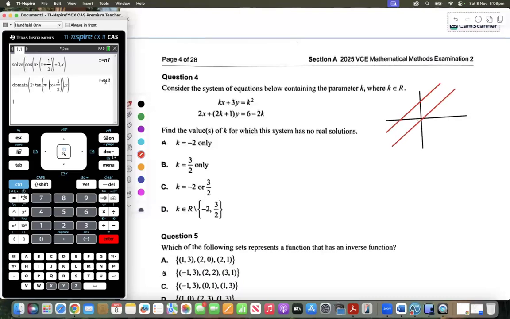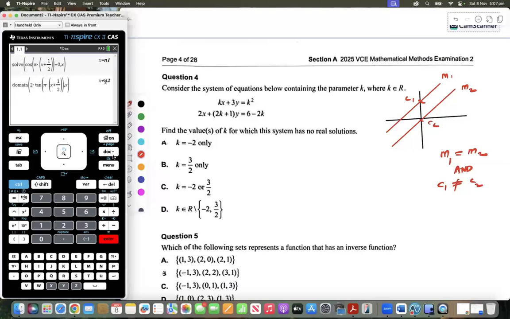So in that case, your m1 and m2 should be equal to each other, but your c1 and c2 should not be equal to each other. So it should be an 'and' condition between them. Both of those conditions should occur simultaneously.